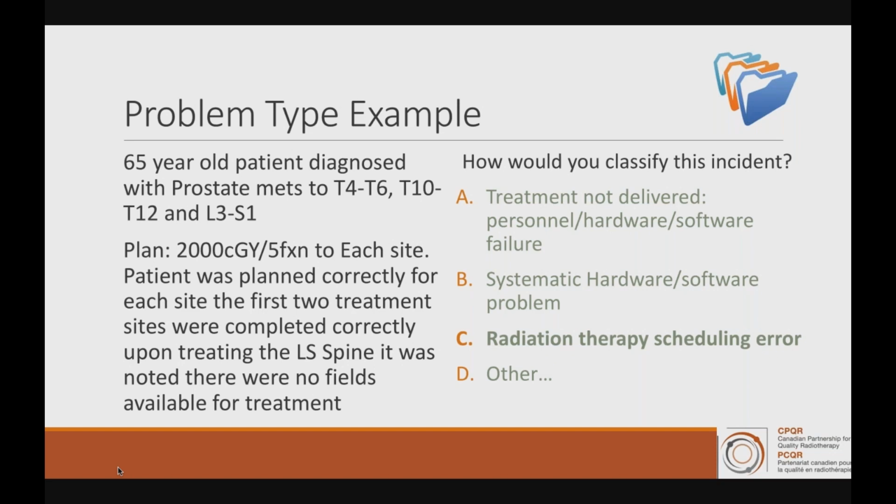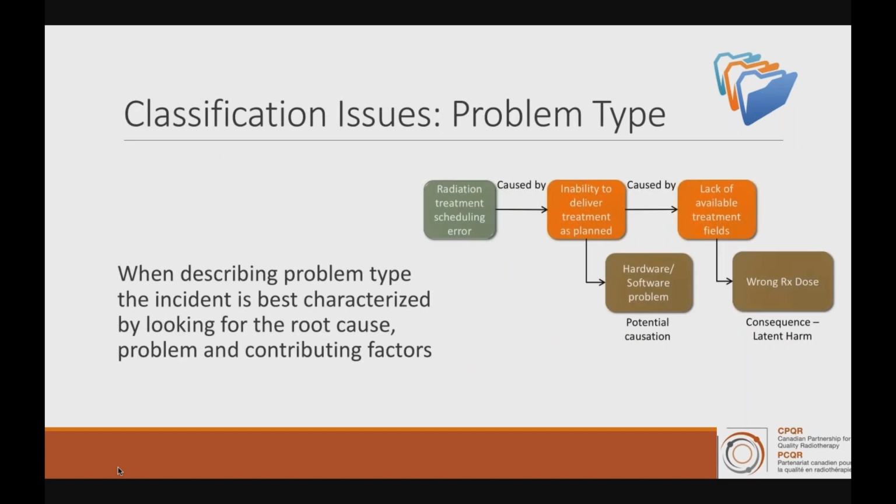Because there was some type of incorrect coordination of one of the treatment tasks, the patient was unable to have their appropriate care delivered. A systematic hardware software problem is something innate in the technology itself failing. So that one wouldn't necessarily be the most appropriate, and that's why we chose the other one.